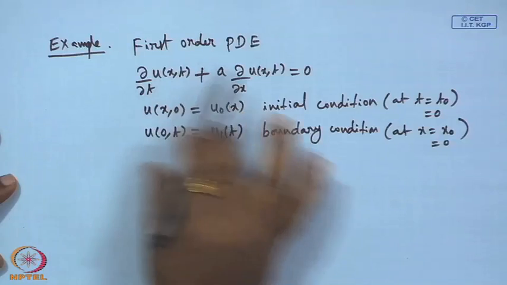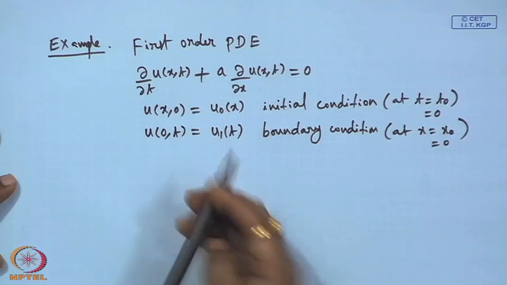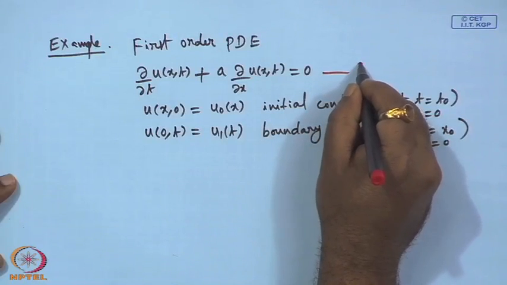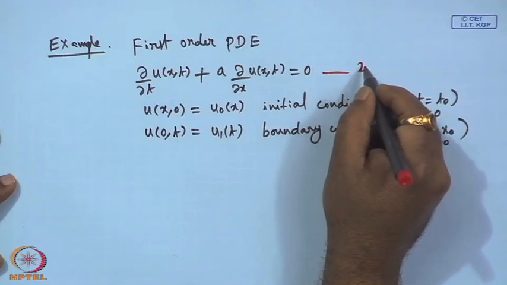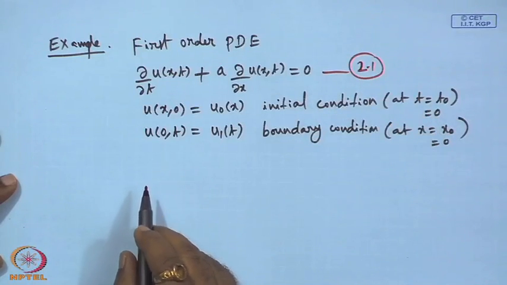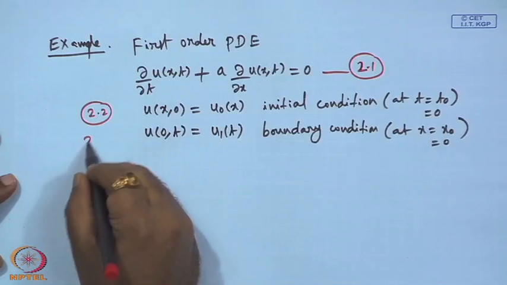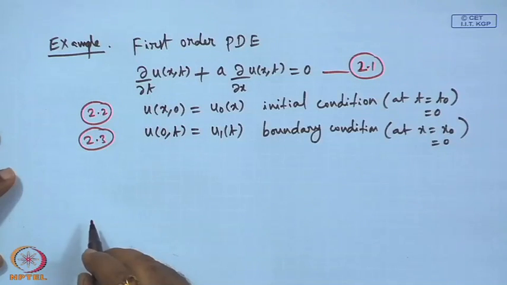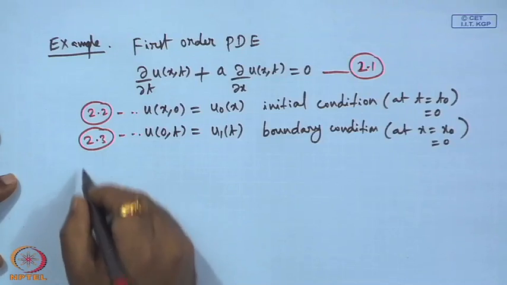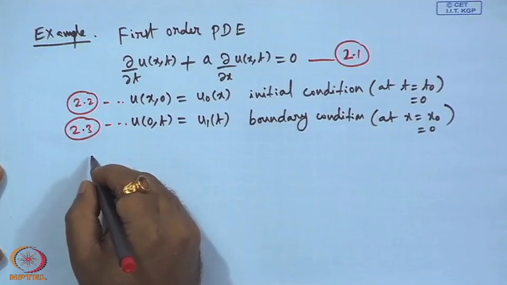Okay. So, now the problem is defined. So, let us say we would like to start discretizing, say 2.1. Okay. So, 2.1 and give 2.2, 2.3. Okay.